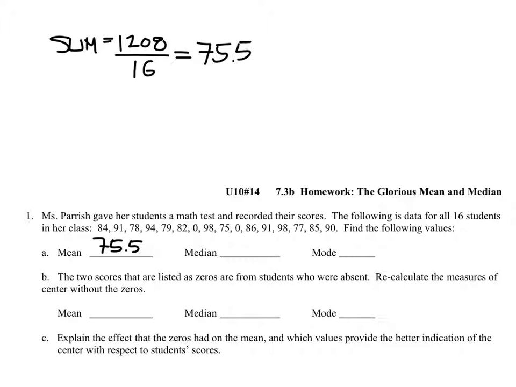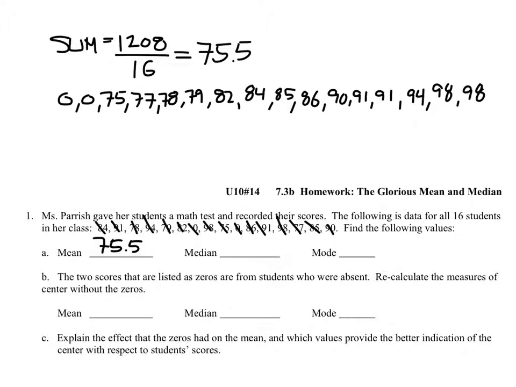And of course, to find the median, and even the mode, it'd be helpful to list these in order from least to greatest. All right, so this is a list from least to greatest. So let's go ahead and take a moment to find the middle. So I got least greatest, least greatest, least greatest, just work my way in the middle.